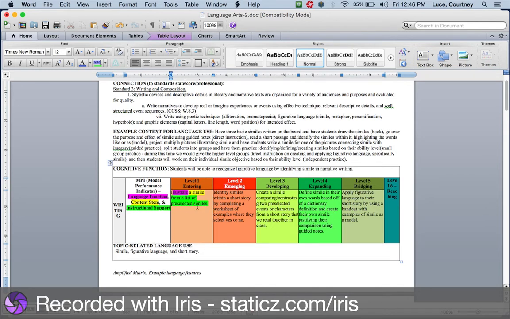So a list of pre-selected similes, a worksheet of examples where they select yes or no, from a short story that we read together in class. And this one is using their guided notes. And this one is using examples of simile as a model. And so within each level, these sentences are made up of language function, content stem, instructional support.